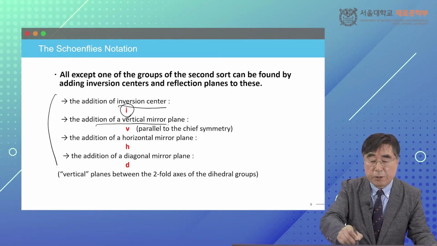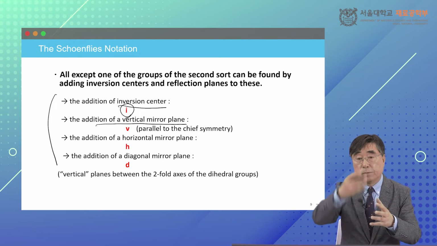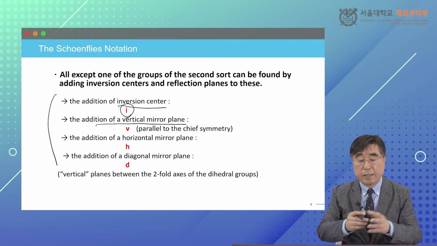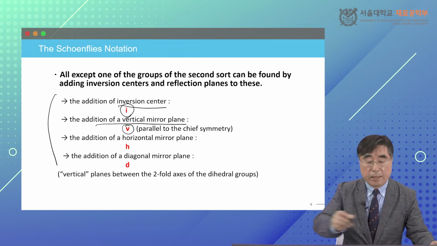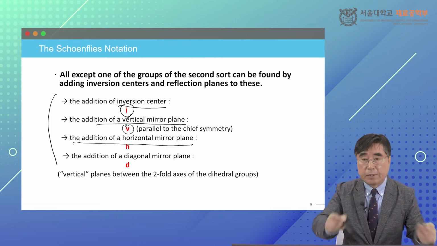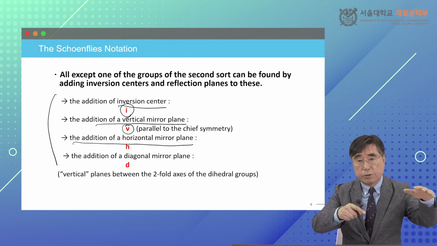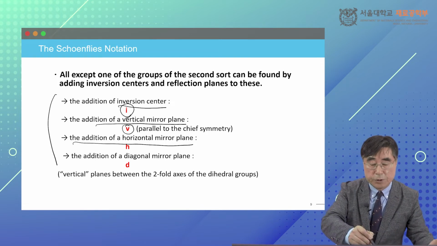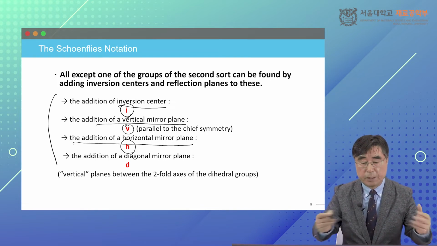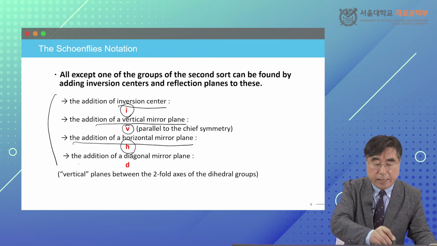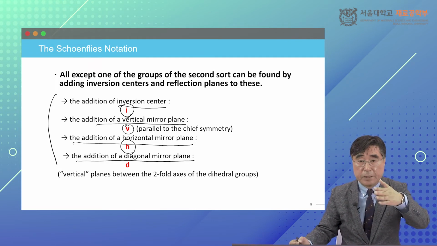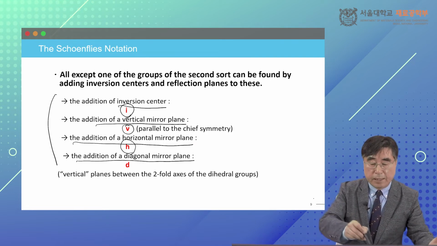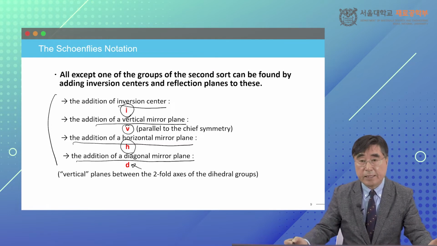The addition of a vertical mirror plane to the principal rotation axis, he called V, the vertical mirror plane. The addition of a horizontal mirror plane to the principal axis, he calls H, the horizontal mirror plane. And the addition of a diagonal mirror plane, which means vertical but diagonal, in between two folds, he calls D.